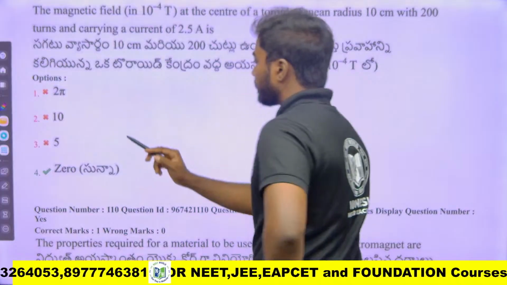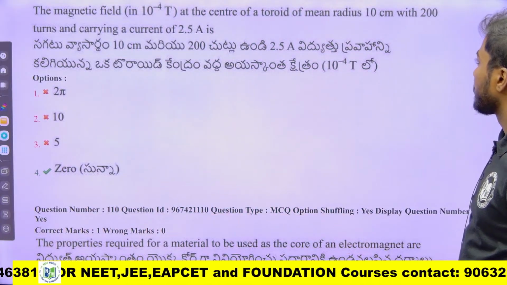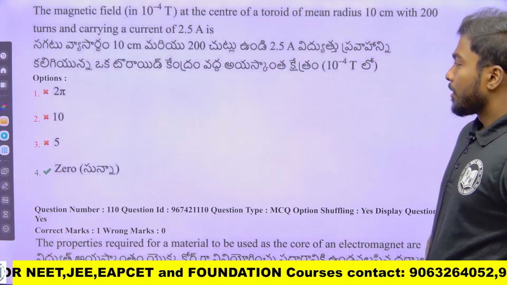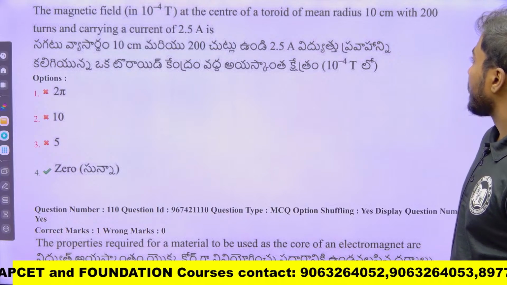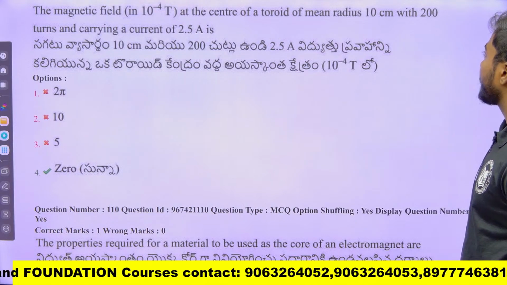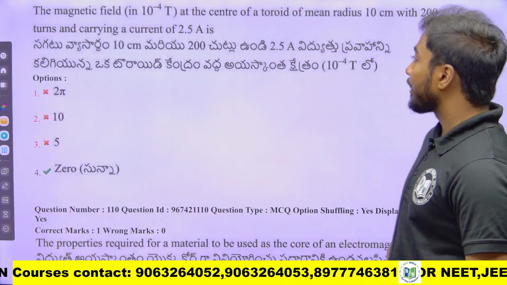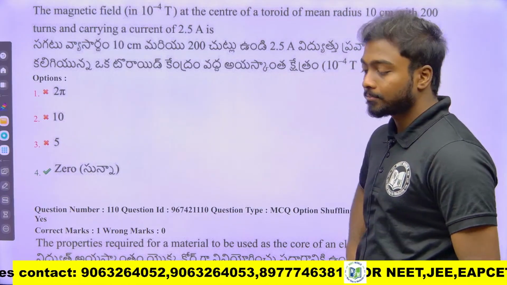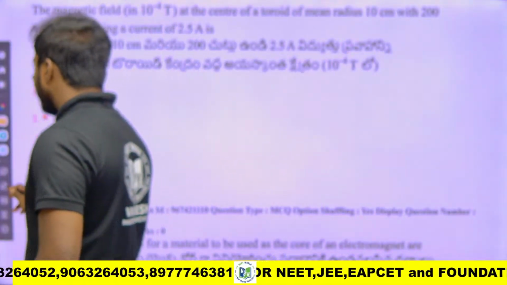Okay guys, I guess you can answer directly without calculation for this question. The magnetic field at the center of a toroid of mean radius 10 centimeter with 200 turns and carrying a current of 2.5 ampere. If you look at the question carefully, you can answer it directly.